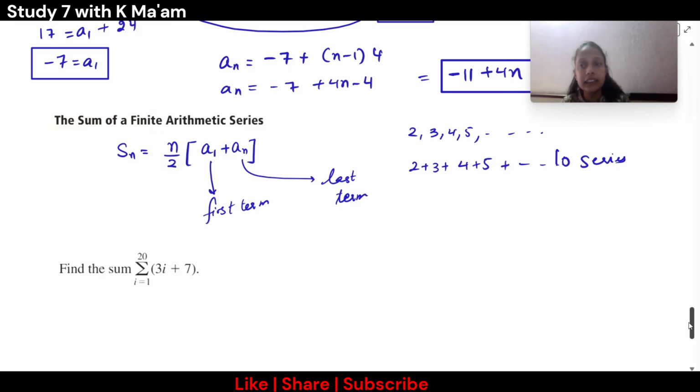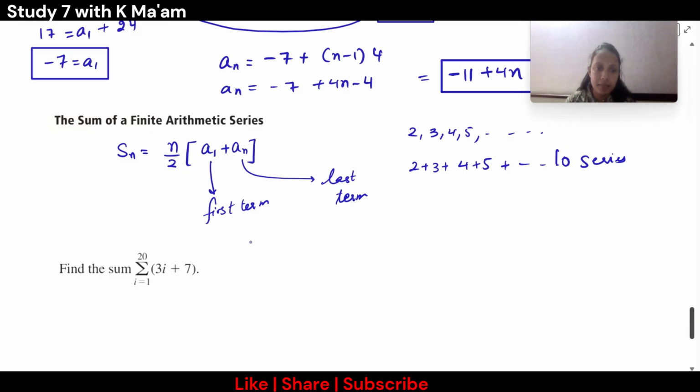Any arithmetic sequence is a linear function. It has a variable with power 1 only. So it has i with power 1, and therefore it is an arithmetic sequence, and we have to find the sum of these terms. That's why we have to find the series.